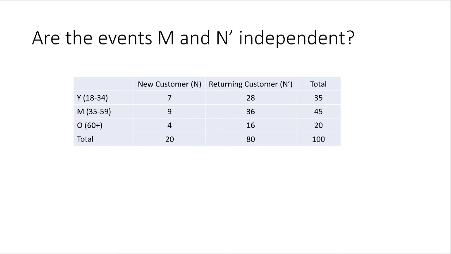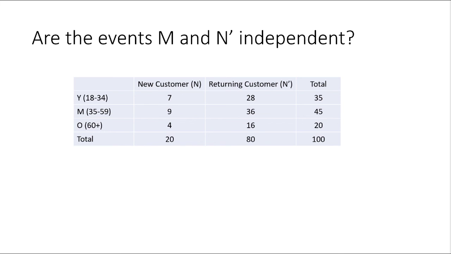So the idea here is this is data that a business has where they have tracked orders, and they have created this table based on whether an order is from a new customer or from a returning customer. So new customer is N, returning customer is N complement. So we want to know, are the events M and N complement independent? So M is the age group 35 to 59, and then N complement is returning customer.